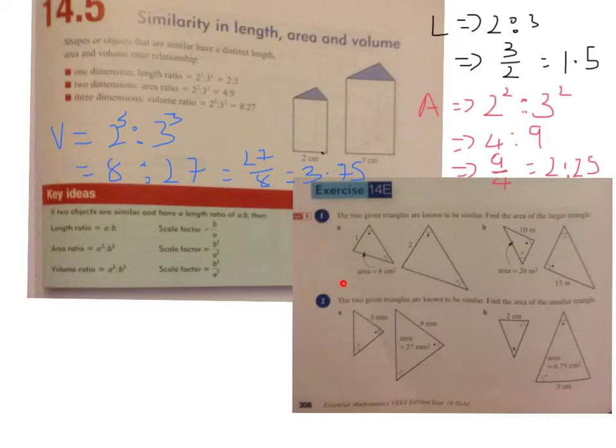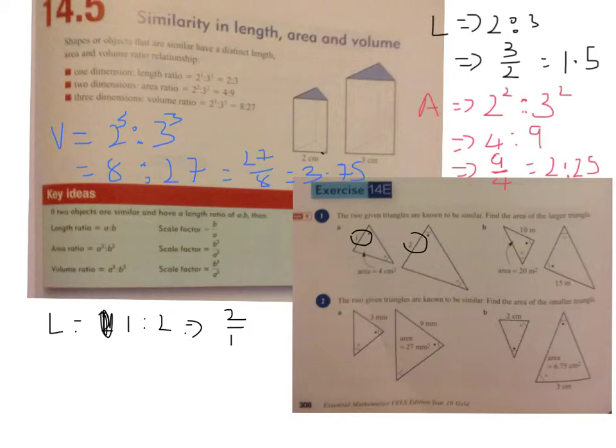So, having a look at these questions here, this is quite straightforward because we've got 2 similar triangles. We know they're similar because our angles are the same. We've got 1, 2, so we've got our ratio, and if we look over here, we've got 1 and 2, so our ratio in length is 1 to 2, so that becomes 2 over 1.